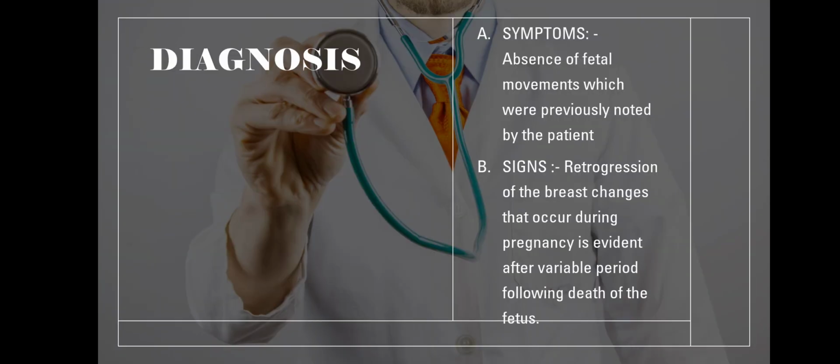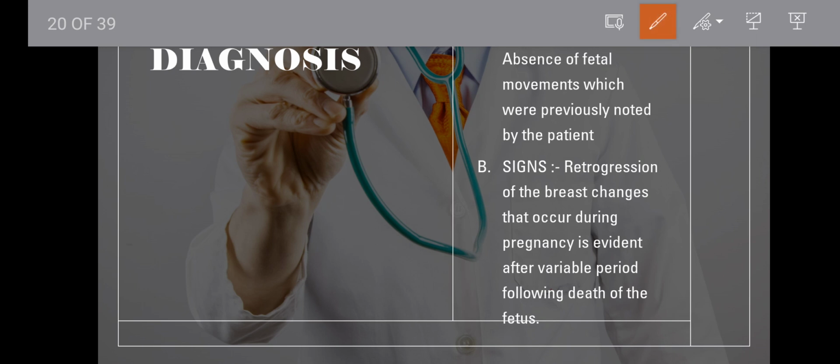So, in symptoms, the patient comes complaining of absent fetal movements which were previously noted by the patient. This is a classic complaint. The patient comes complaining of decreased or absent fetal movements which were previously felt normally.